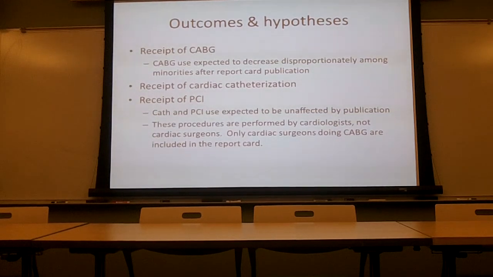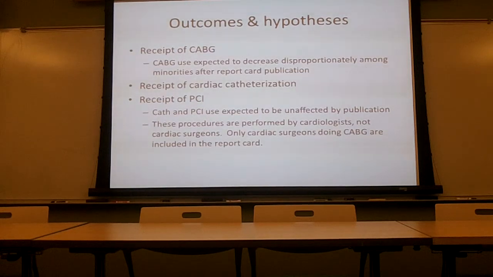But they also looked at cardiac cath and PCI among MI patients as well. Why? Because these are similar treatments, but they're performed by different physicians, and their use should not have been affected by publication of report cards for CABG.